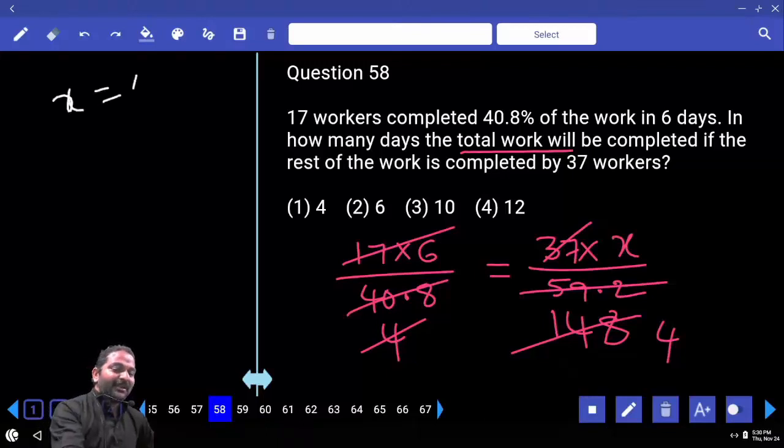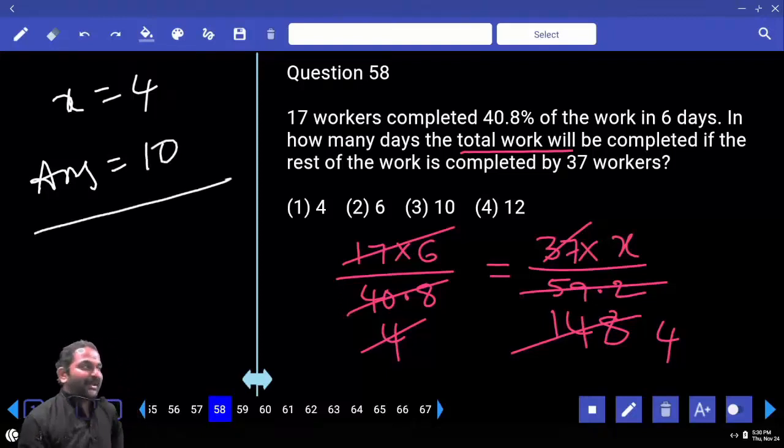If x is equal to 4, plus 6, so the answer must be 10.